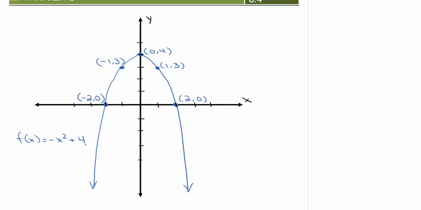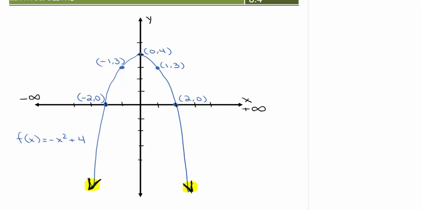Now, it's asking us to determine the function's domain and range. I can tell that the domain, because you see these arrows down here, it looks like they're going straight down, but they're actually going towards the left and towards the right, right? Towards negative infinity on the x and towards positive infinity on the x.